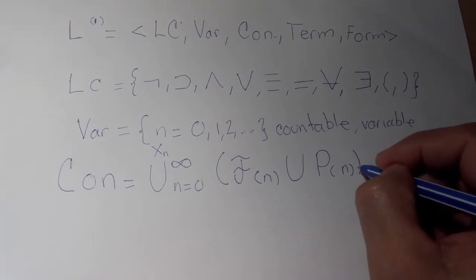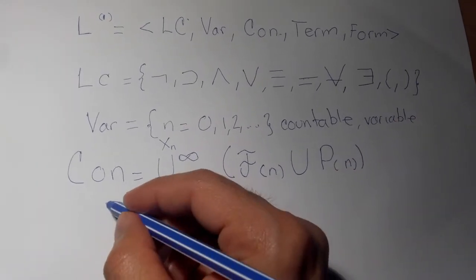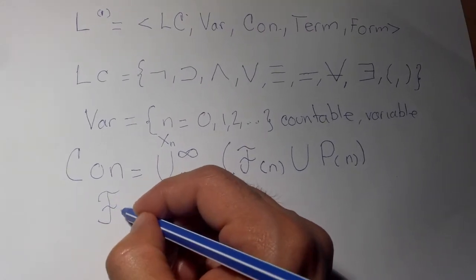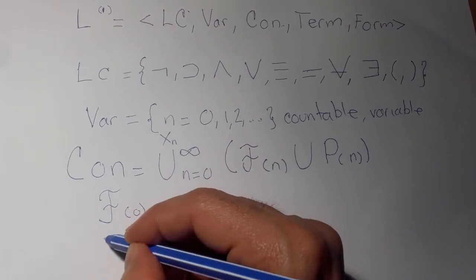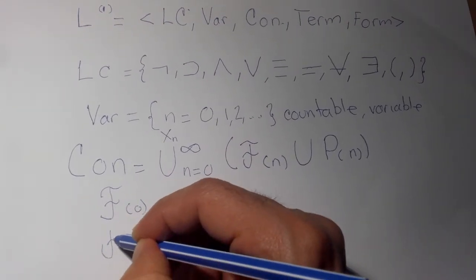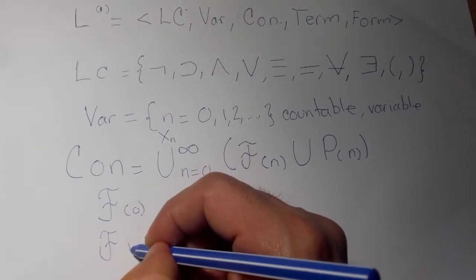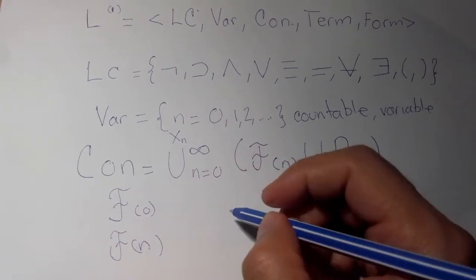This is the set of non-logical constants. To give you one example, this f could be a function, or this f can also refer to a set of n arguments or parameters.